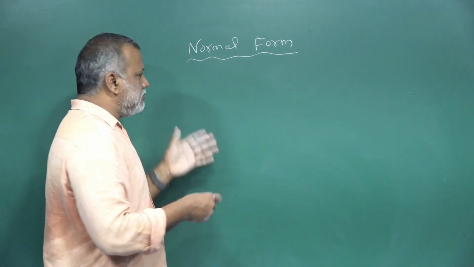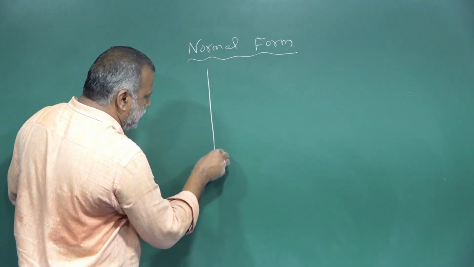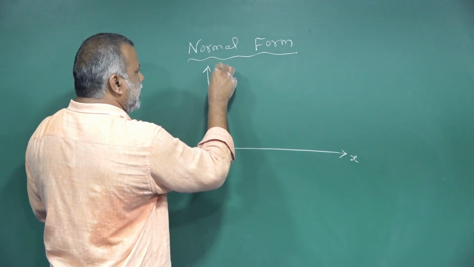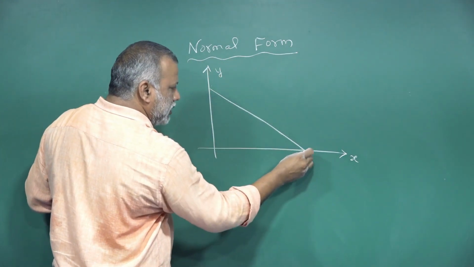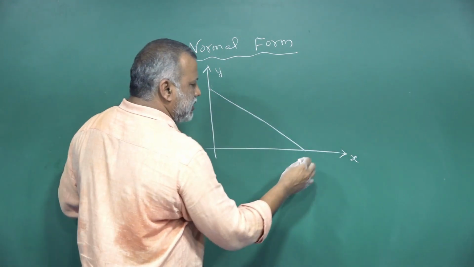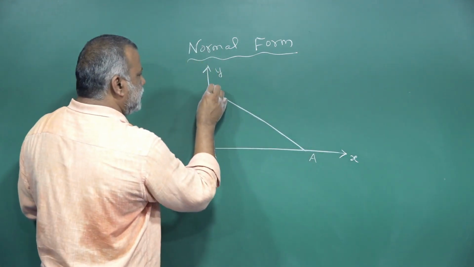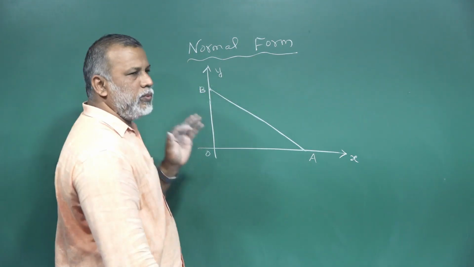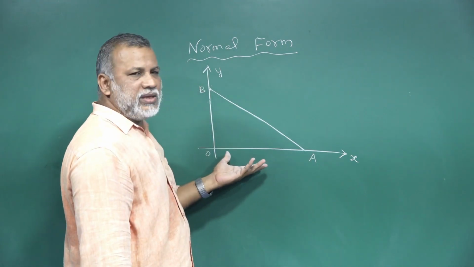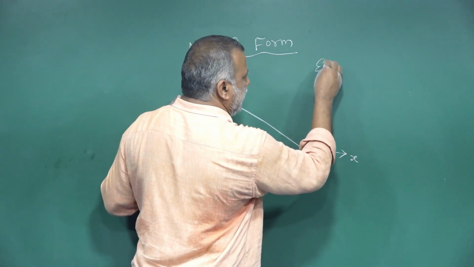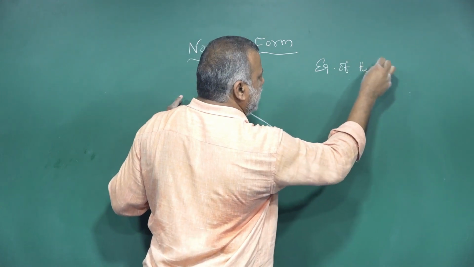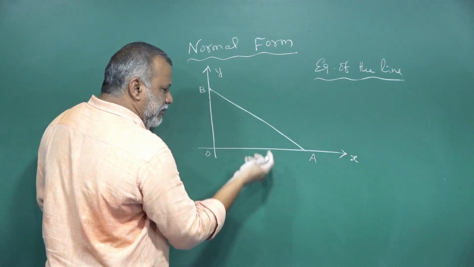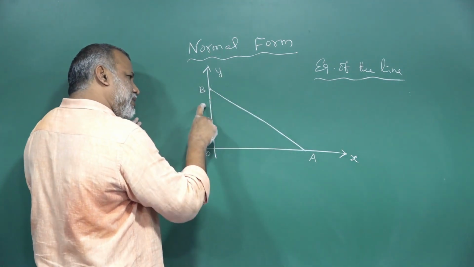See, already you have many logics from the previous classes. Say this is the x-axis, this is the y-axis. So far you know this one. What is the meaning of this? Intercept form. I can name this point A and this point B. Now this will be the origin O. If we are going to find the equation of this line, what formula are we able to use? x divided by A, because it is the x-intercept, and y divided by B, the y-intercept.